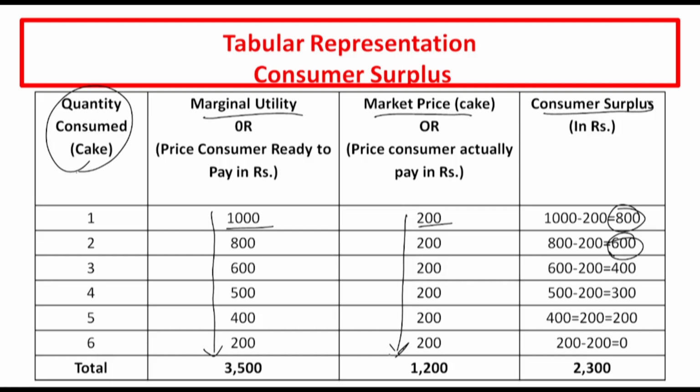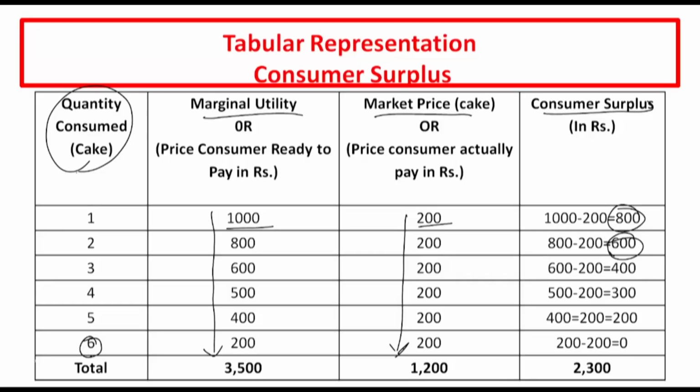At what level should the consumer stop consuming any further commodity? A consumer should stop consuming further at the point where the willingness which he is ready to pay becomes equal to the price of that product.